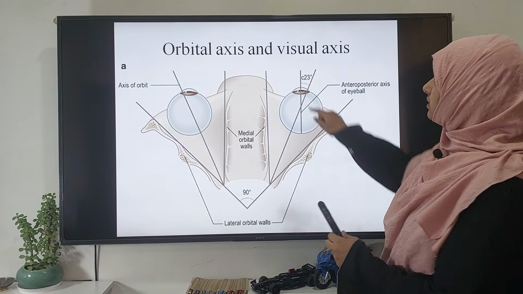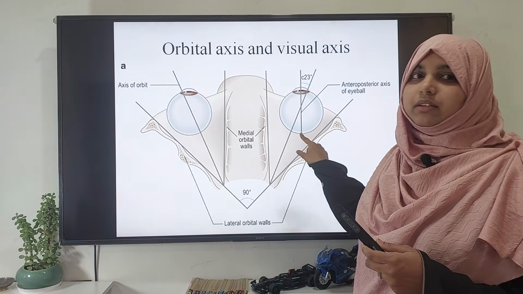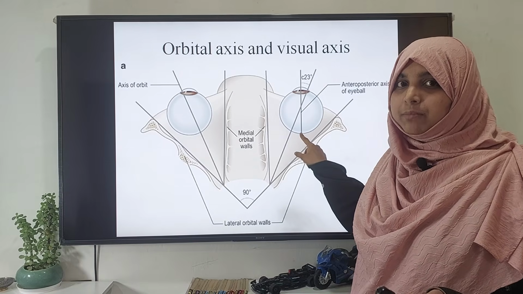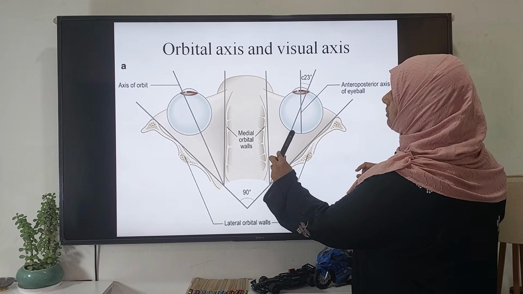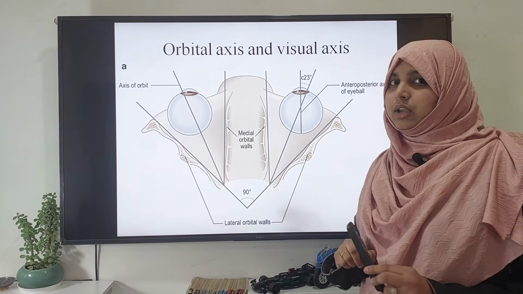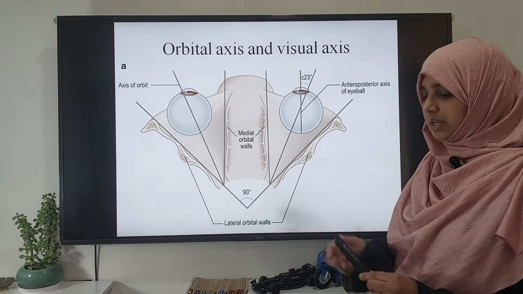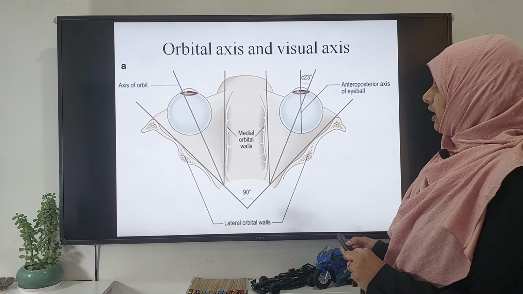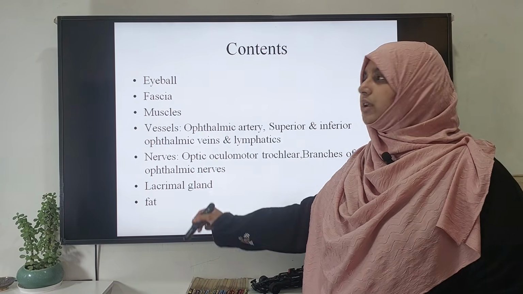So if the optic nerve is attached exactly at the posterior end of the visual axis, then we can't see any images, right? That's why, very neatly, it is placed about 3 to 4 millimeters medial to the posterior pole of the eyeball. So that's the trick, and that's why there is an angle between the visual axis and the orbital axis.